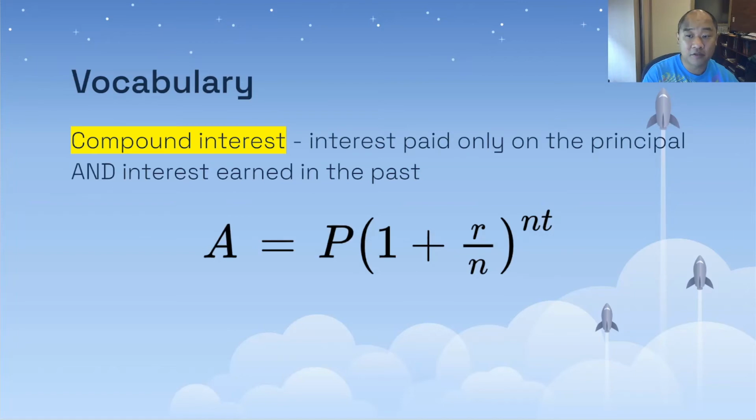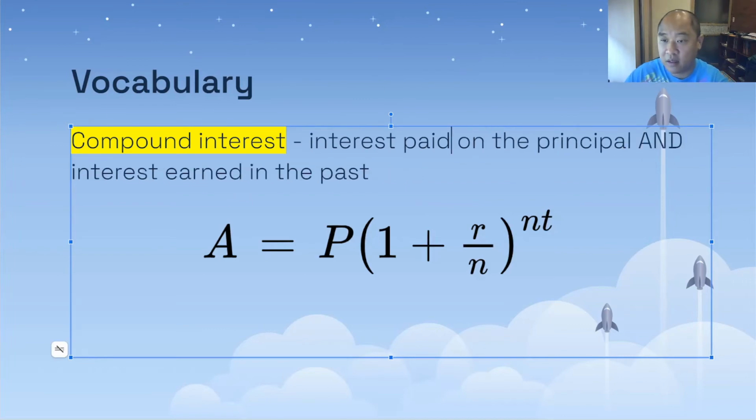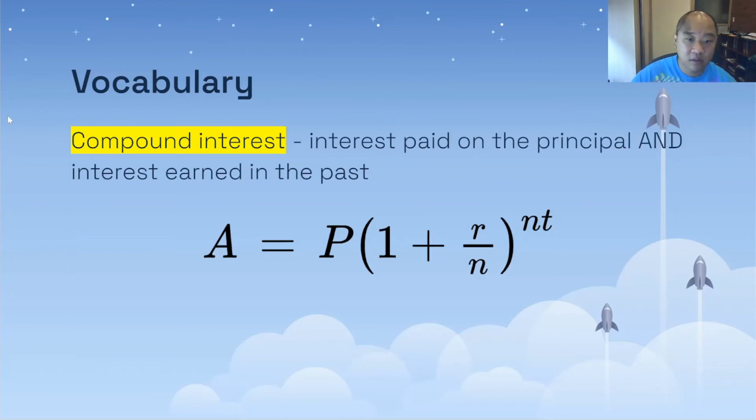Okay, compound interest is interest paid not only on the principal. In fact, this shouldn't say only, it should say paid on the principal and the interest earned in the past. So what does that mean? That means that if you were to borrow, let's say $1,000, and it accumulates some interest, okay?